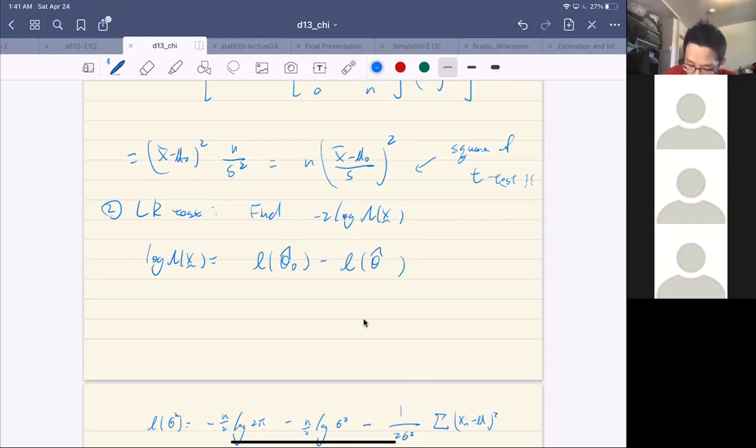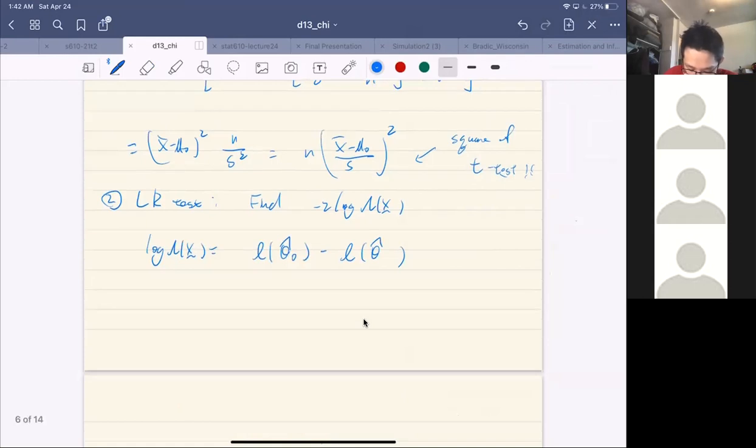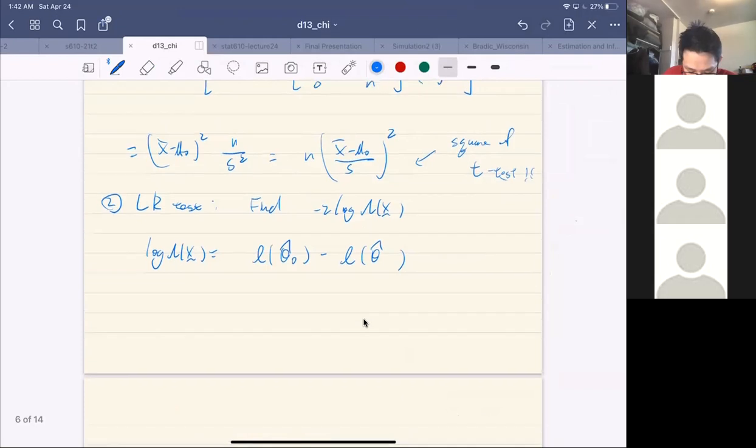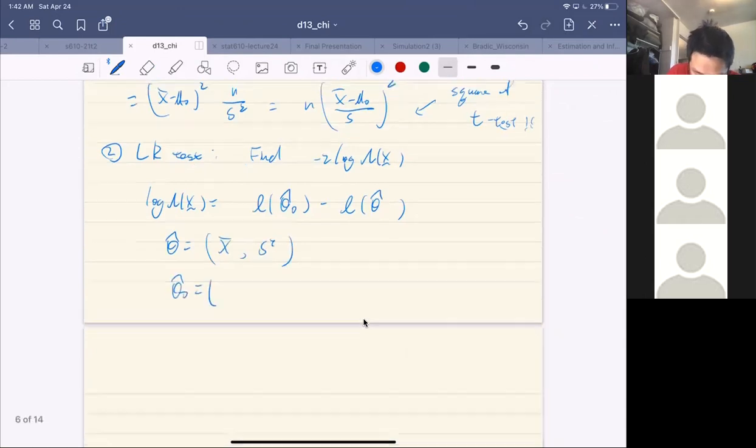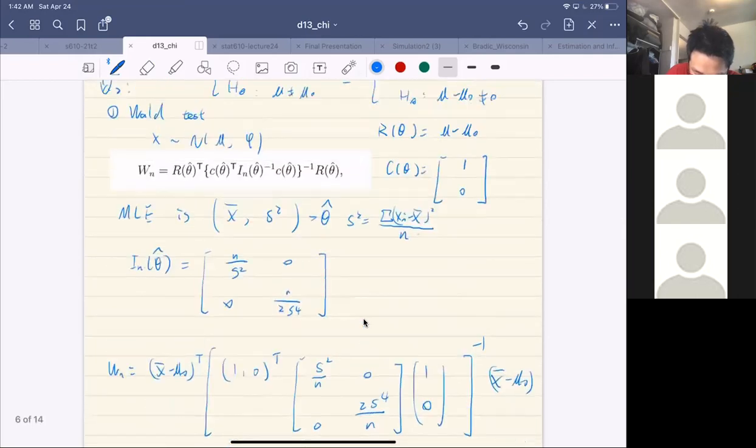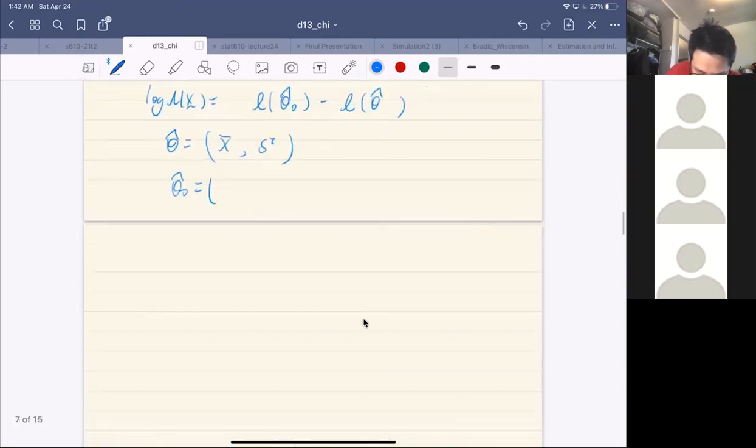We know that theta hat is equal to X bar and S squared. And theta hat null, under the null, mu is equal to mu naught, so it's mu naught, and let's say this is S naught squared.